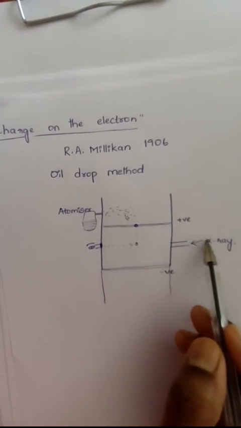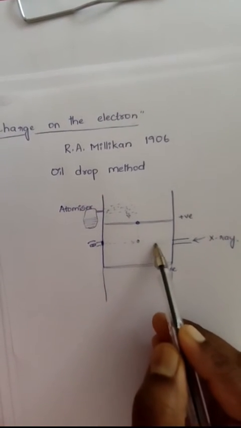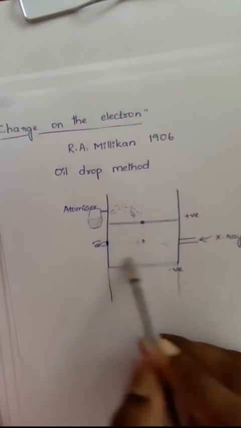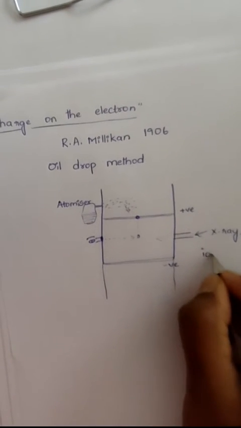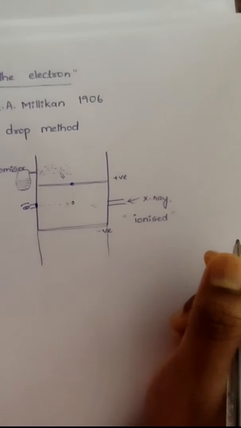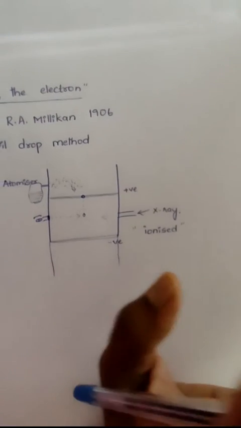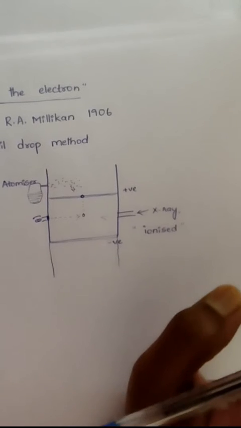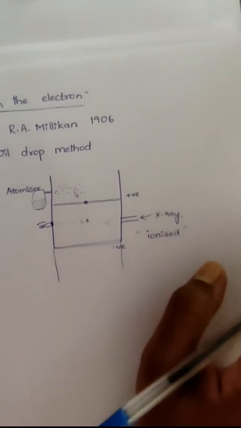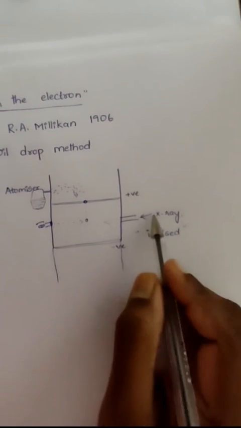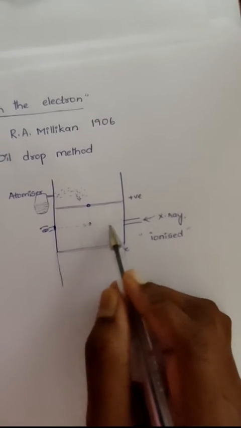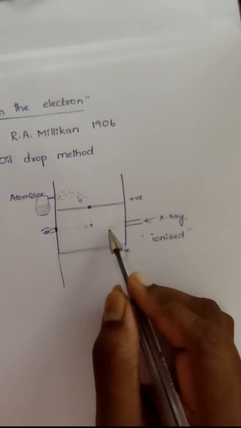So when the X-ray is passed through this chamber, the gas present in this chamber gets ionized. Why? Because X-rays are not charged, but they have the capacity to remove electrons from atoms or molecules.